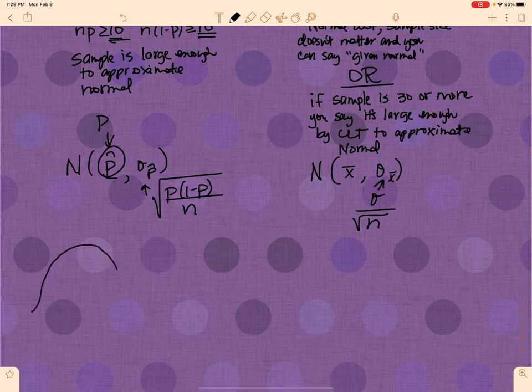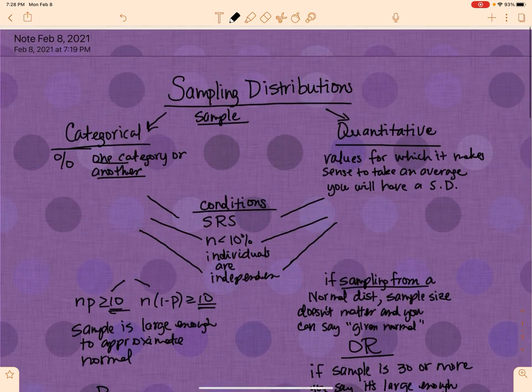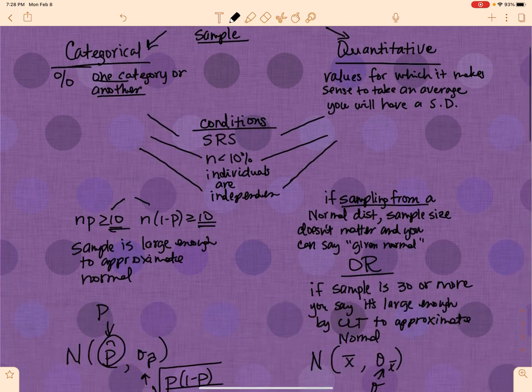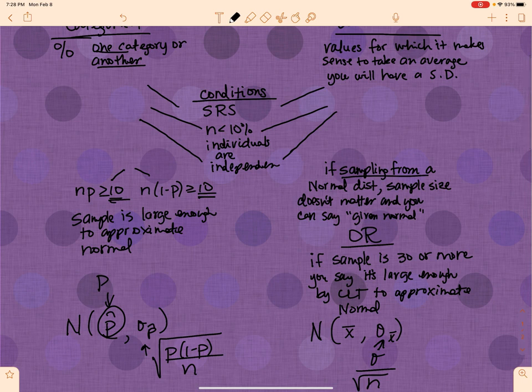Then when you find probabilities, when you write your inequality statement, it needs to look like that for categorical and that for quantitative. I've just outlined the differences here for you. Our conditions are the same except for when we get to approximating normal.